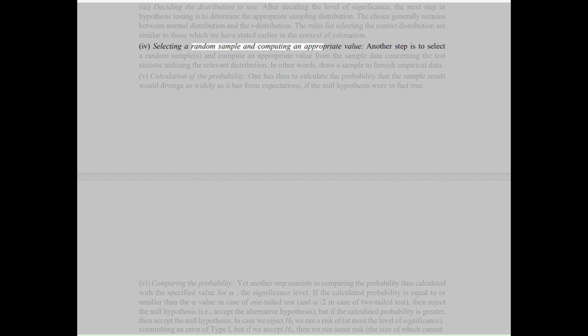Selecting a random sample and computing an appropriate value. Another step is to select a random sample and compute an appropriate value from the sample data concerning the test statistic utilizing the relevant distribution. In other words, draw a sample to furnish empirical data.